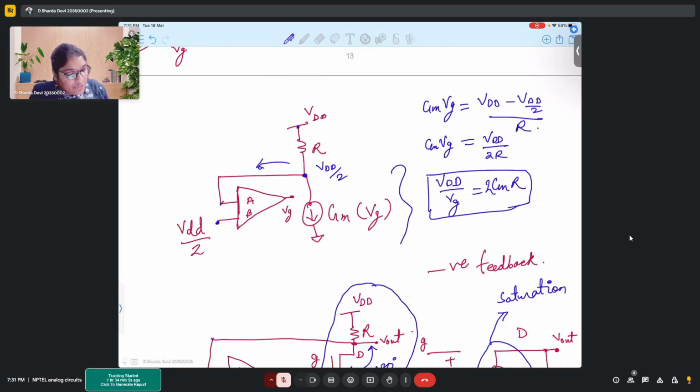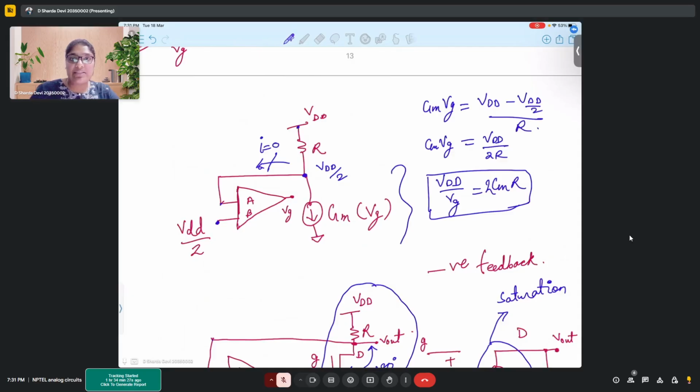Because there is no current. Considering feedback current is 0, no, ma'am? Yeah, that is always zero. That's what I said. There won't be any input current in the op amp. We always say that. In feedback we are going to take only voltage. Unless there is some other path where your current can flow.